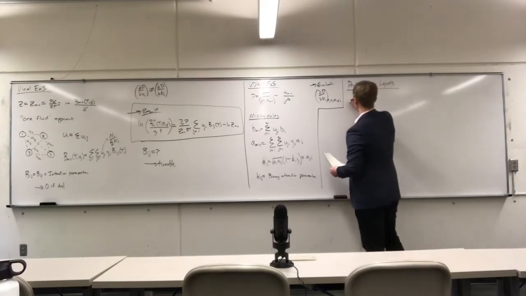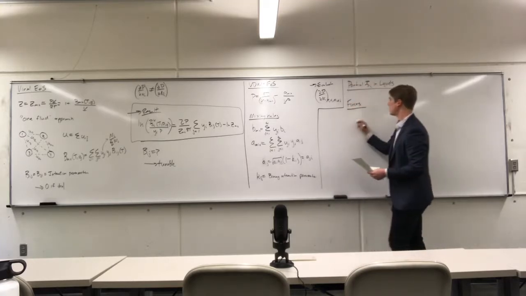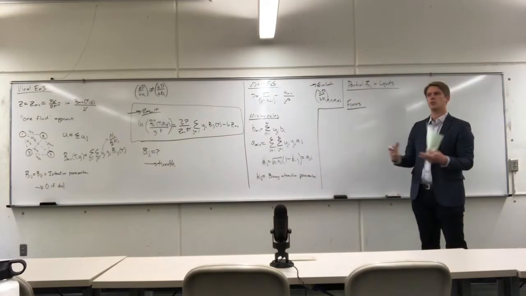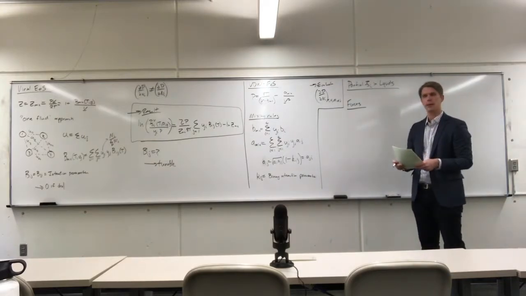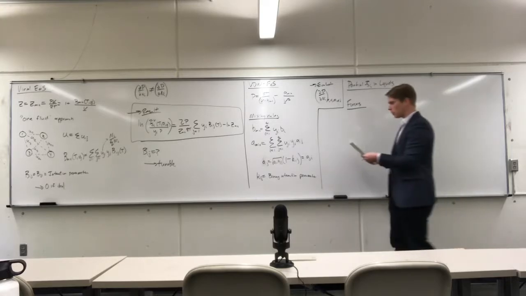So if we talk about a liquid, and we look at the forces at play, what is the weakest interaction between two molecules that we know of, of all the different types of forces that we have going on? What is the weakest type of interaction between two molecules? Van der Waals, or dispersion forces.